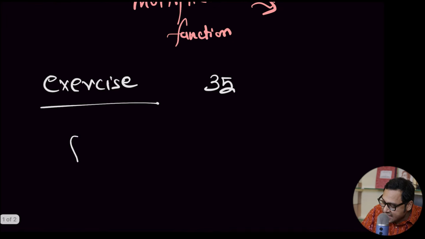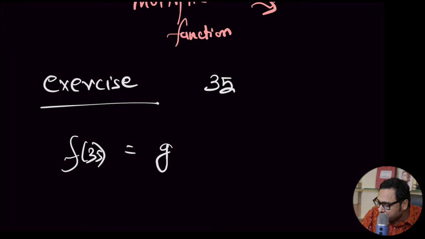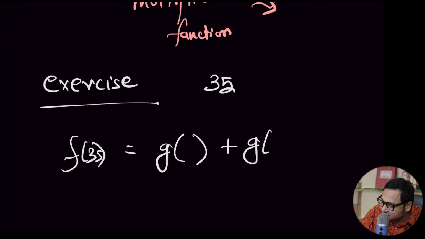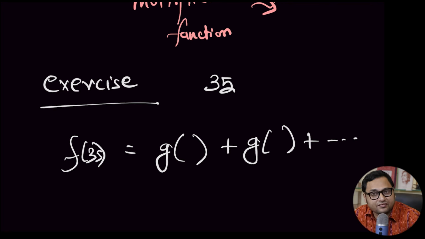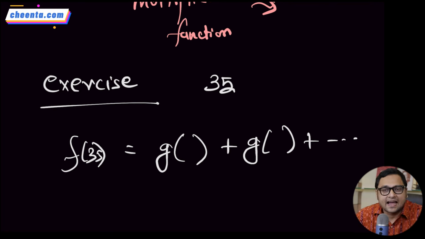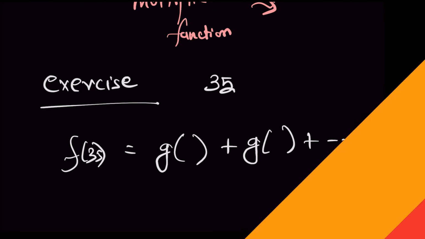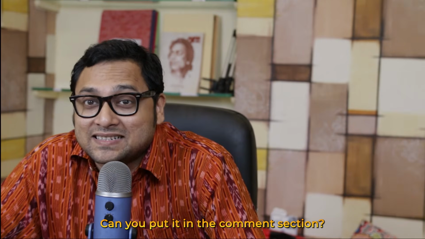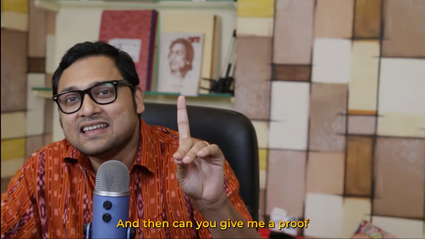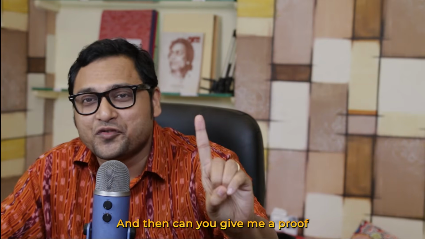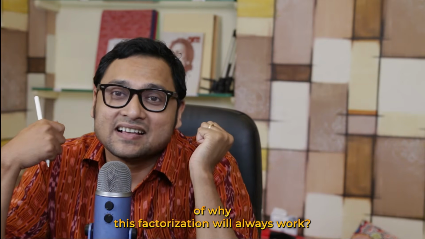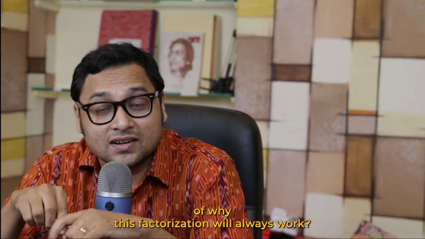That is, check whether f of 35 is equal to the sum of g over the divisors of 35. You write down the divisors of 35, you calculate it, and you tell me if it works. Can you put it in the comment section? And then, can you give me a proof of why this factorization will always work?